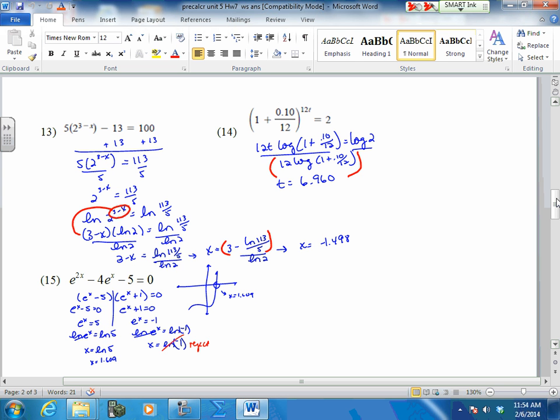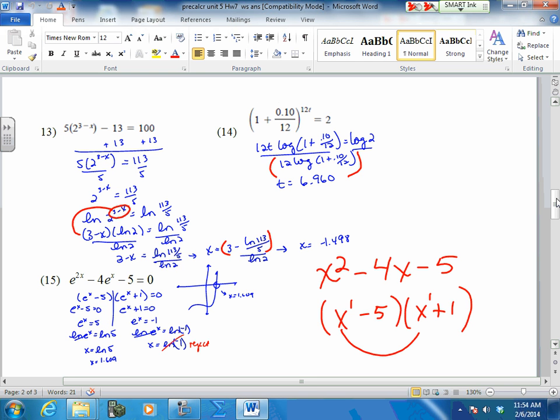On 15, this guy looks kind of like this. Let's take this out of here. If I gave you just a simple quadratic, wouldn't you say x minus 5, x plus 1? Right? These exponents are 1s. When you multiply these, what is the rule with this exponent? You add them.